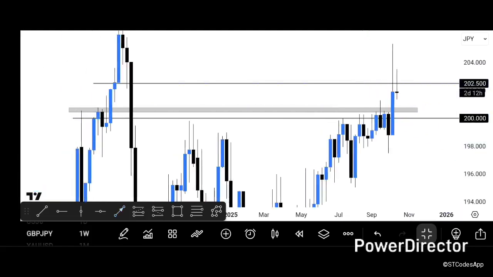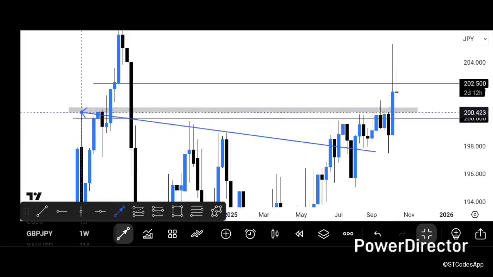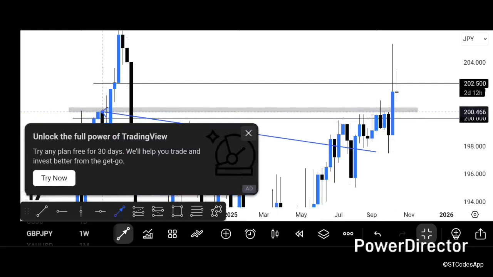Now since we know that, we look for a strong zone, which could be a support zone, which price might go to and make a higher low from there. So now on this weekly zone, you can see that price has rejected this.